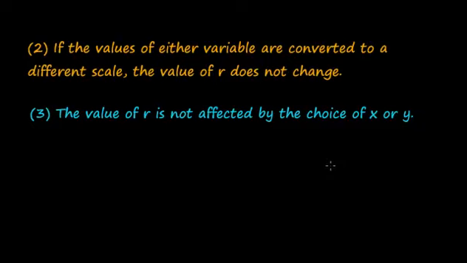Or I could say, is there a linear correlation between the height, x, of the plant and the amount of sunlight exposure, y? Now, of those two, the first one, where x is the amount of sunlight exposure and y is the height, is probably a better way to state this particular problem or experiment that you might do. But either way you state it, the value of r is the same.